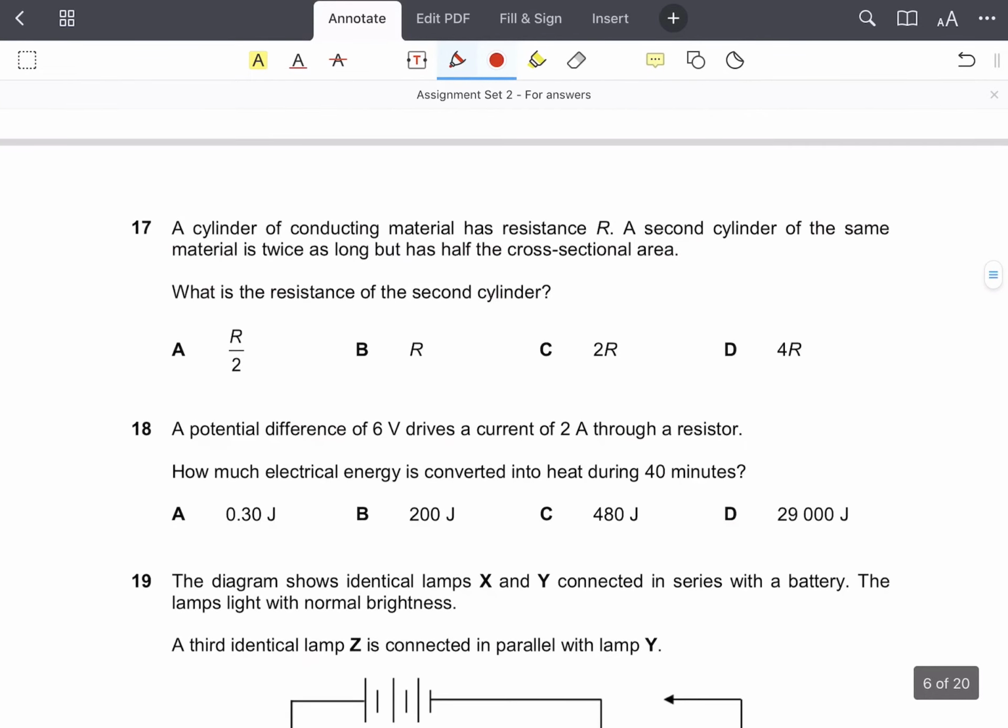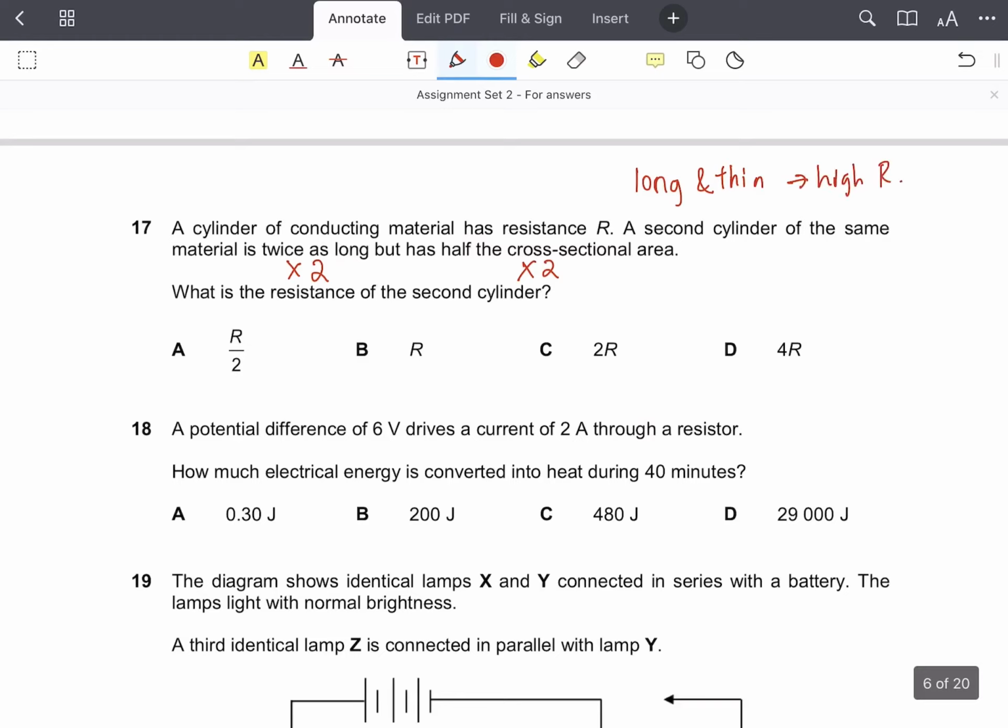Okay, question number 17. A cylinder of conducting material has resistance R. A second cylinder has same material twice as long. Twice as long means 2 times the resistance. Half the cross-sectional area also means twice the resistance. So you must remember that long and thin gives you high resistance.